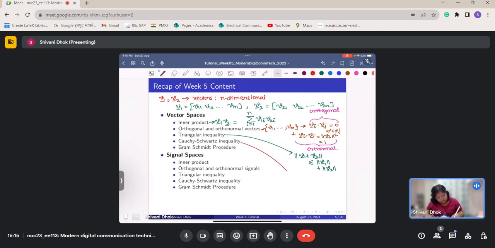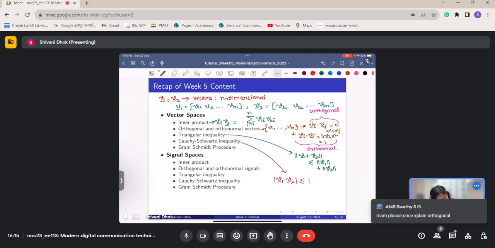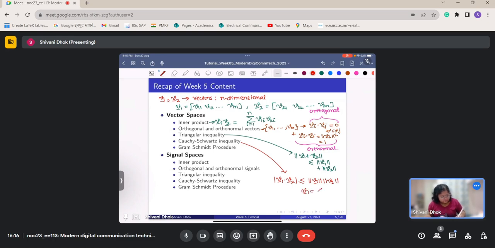It says that if I take the inner product of these two, that is v1 dot v2, and take the magnitude, this will be less than or equal to norm of v1 into norm of v2, and this holds with equality only when v1 is some constant times v2, that is, v1 is a linear function of v2.